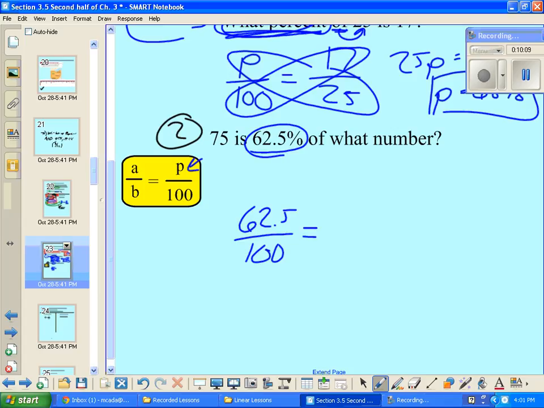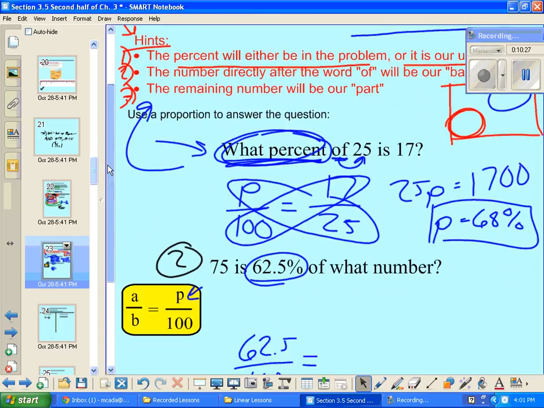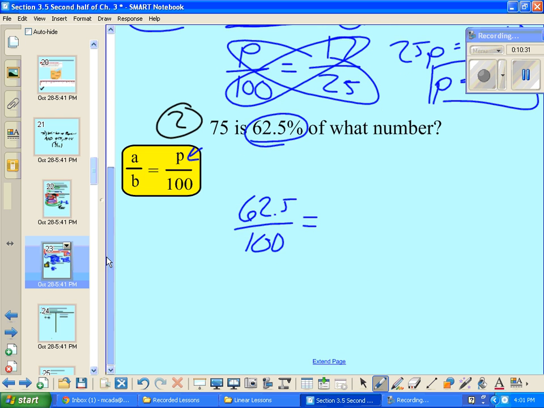Then for the rest of the information, now I've got to figure out which number is the part and which number is the whole, and then one of those will be my variable in this particular problem. As I look at this problem, I notice that I only have one other number to deal with, 75, and then my other number will be my variable. That's what I'm trying to find out. Hint number 2 says the number directly after the word of will be our base, our whole number, our total.